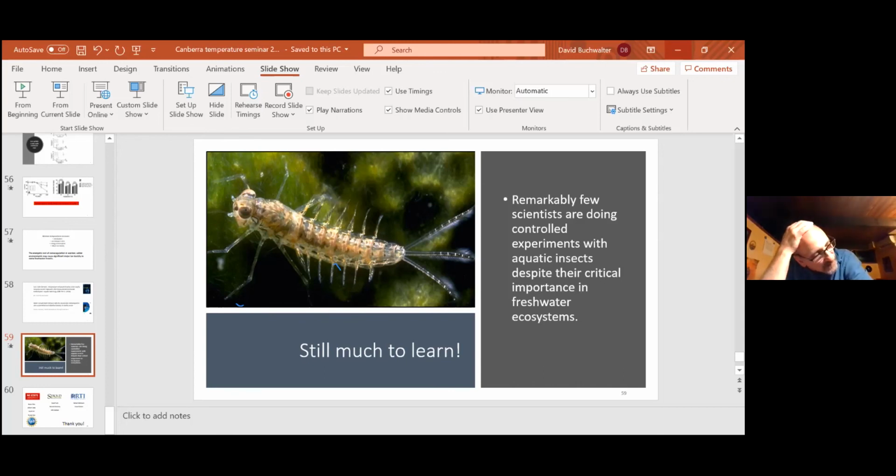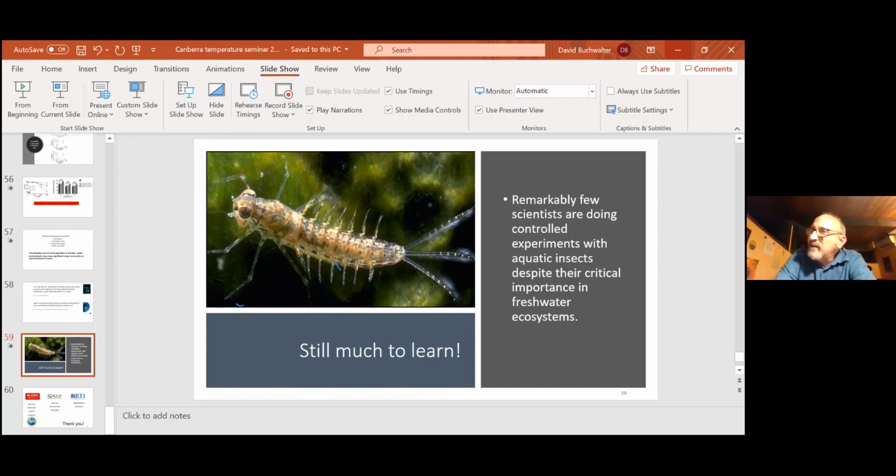No, so those temperatures were chosen. We wanted diel variation, and we wanted it to be environmentally relevant and meaningful. The degree to which water temperatures change on a daily basis scales to the size of the stream. Typically you see 5 to 8 degrees C change per day in many of our temperate streams here in North America. So we took a fairly conservative look. We wanted it to be a relatively modest amount of change.